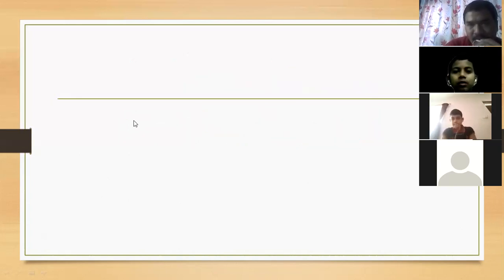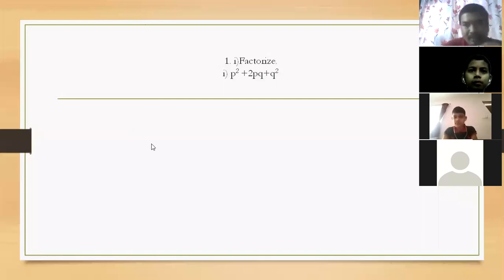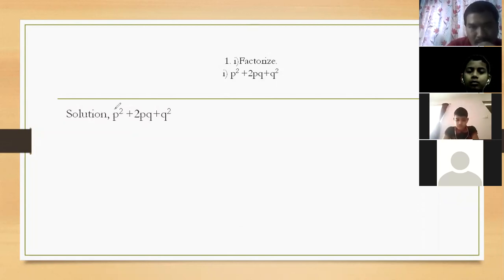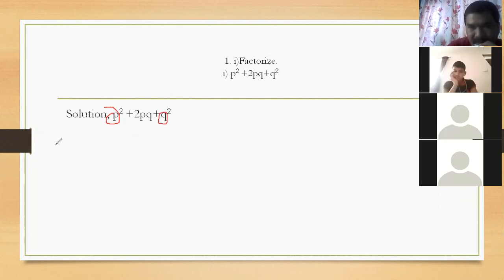Okay, sir. Now look here, I am going to show you one question on how to factorize this. In this factorization, first what you have to do? In this exercise, the first term can be expressed as a square and the last term can also be expressed as a square.